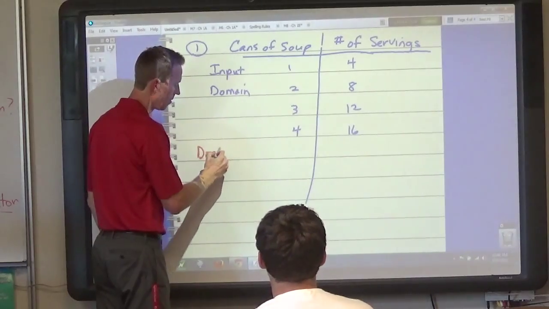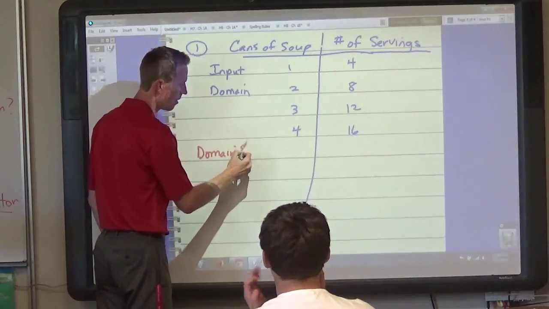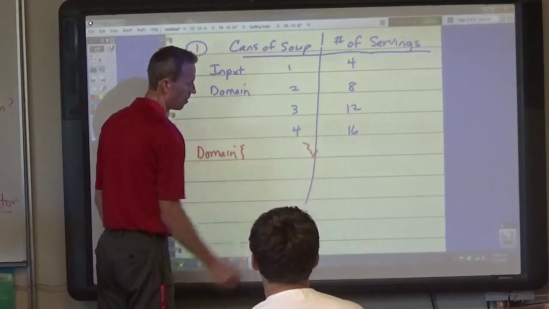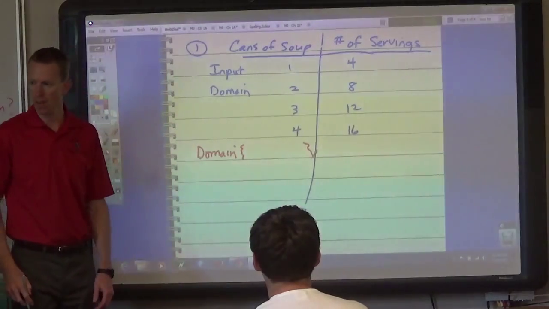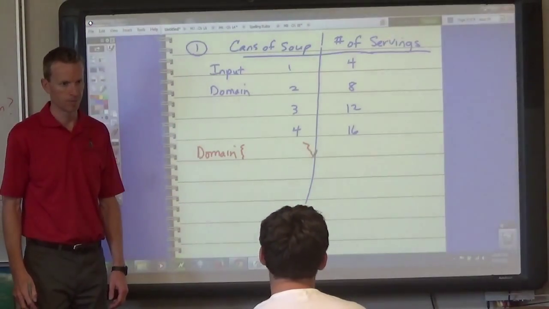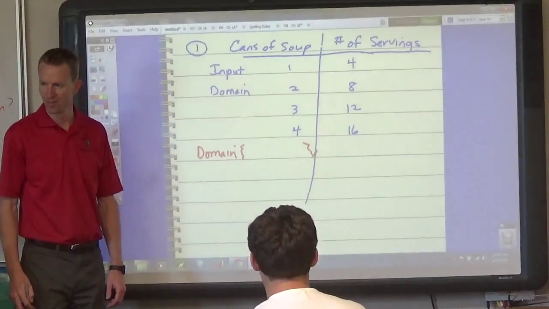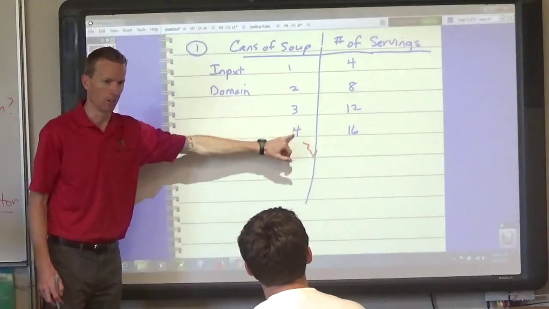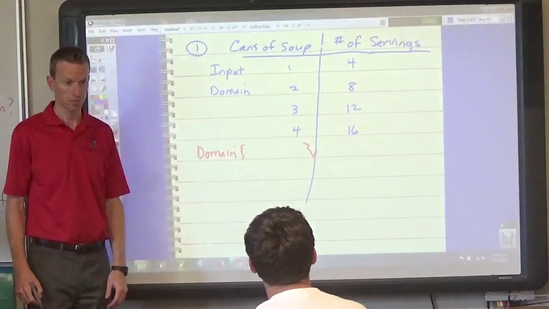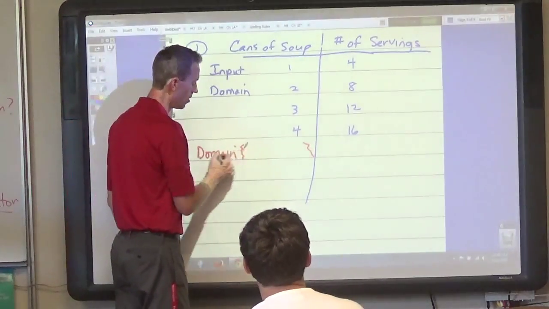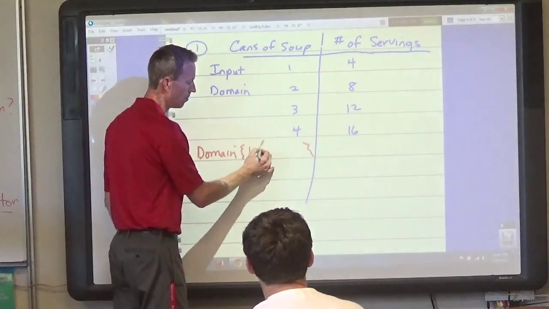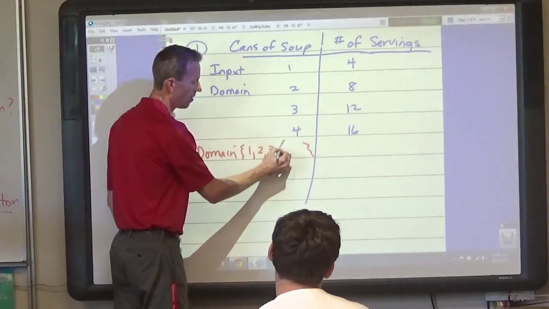So if it said, list the domain of this function, what would you write? The domain, and then you put these brackets. You would list all these values. You would write 1, 2, 3, 4.